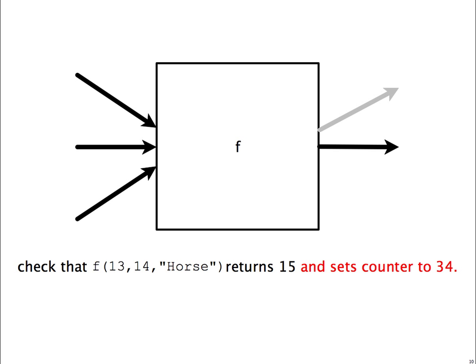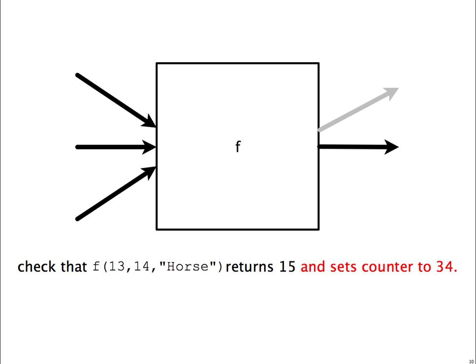This change, this mutation, represents an extra implicit output indicated by the light gray arrow. If we want to test that this function is working correctly, it's not enough for us to discover that it returns 15. We must also check that the change in state happened that was supposed to happen.